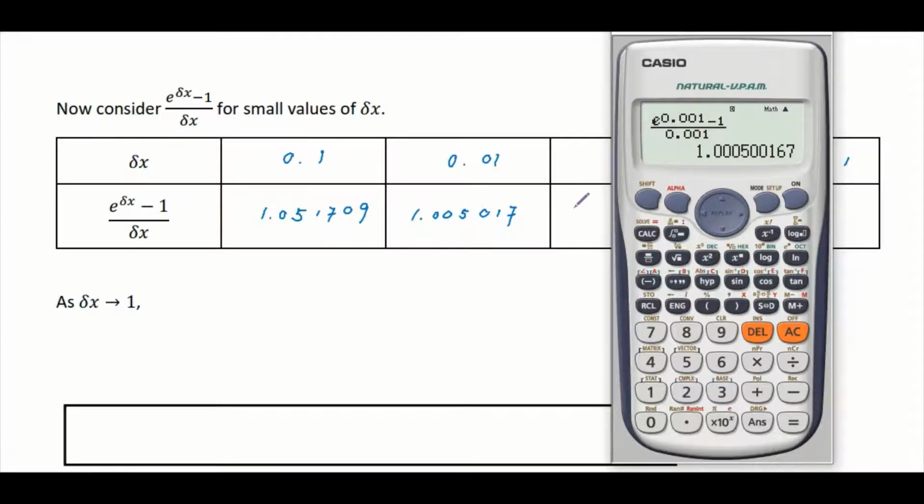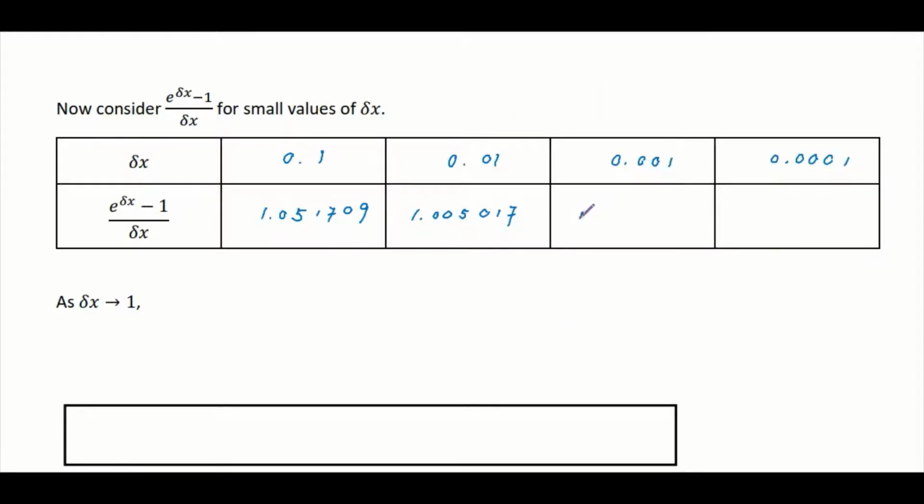You can see the number becomes smaller and smaller, 1.000500. You can continue to find out the next one, and I think you will get the number 1.0000050.